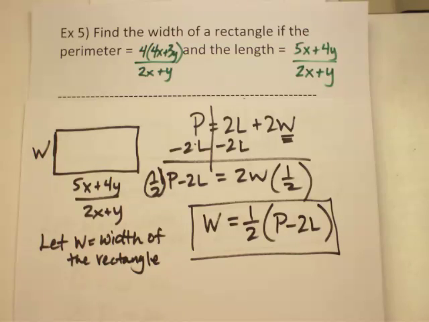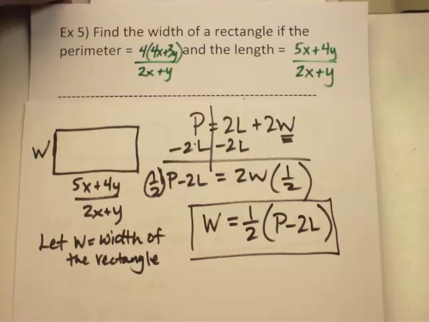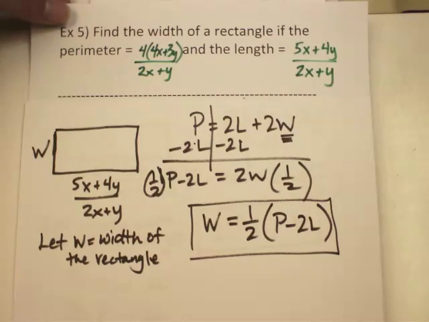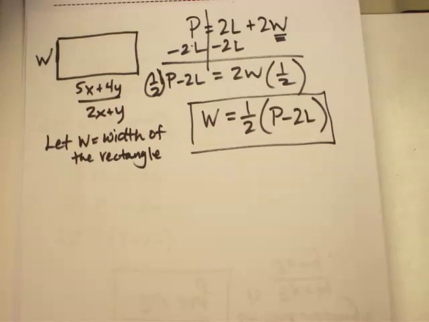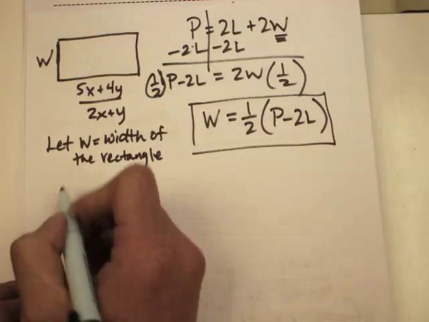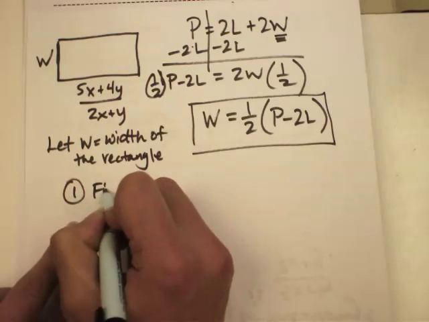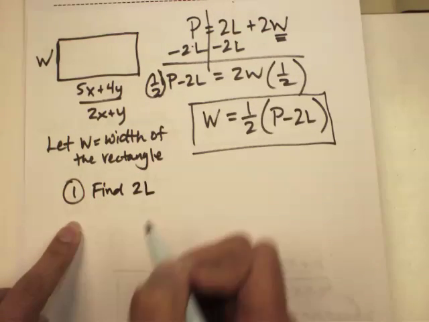Okay, so word problems like this are quite lengthy and they can get kind of messy. So what I always like to do is write the steps out of what I need to do. Okay, so step number 1, I want to find my 2L. Find out what 2L is.